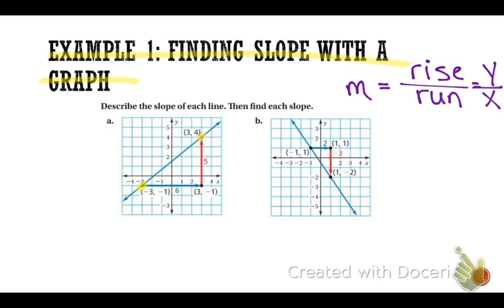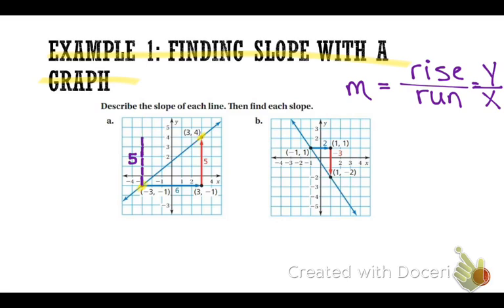Here's how it works. 1, 2, 3, 4, and 5. I made a rise of 5 units, okay? And does everybody agree now it's parallel to the end point?